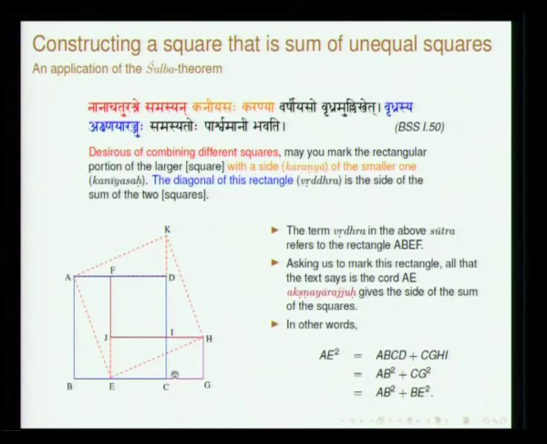All that it says is, you think of this smaller square CG; Karani here refers to the side CG, for instance. Karanya Varshiyasaha: you think of placing this square there, or marking CG in the larger square, Vridhram Ullikhet. The term Vridhra can be understood to be a sort of rectangle here.